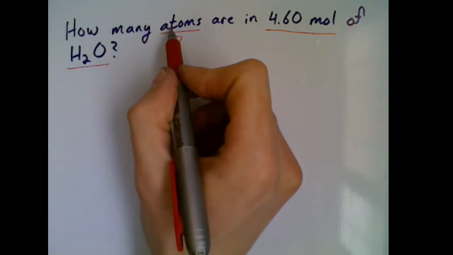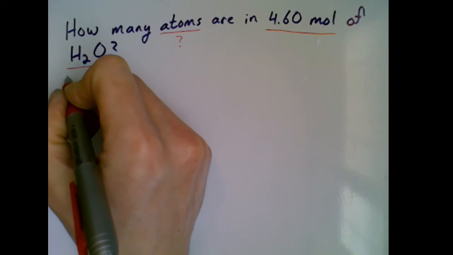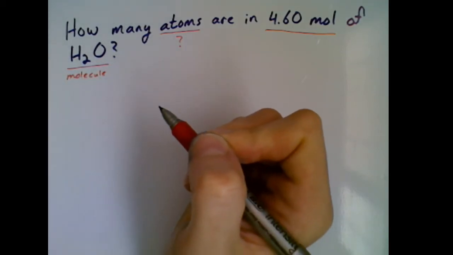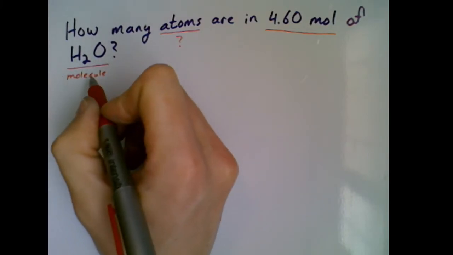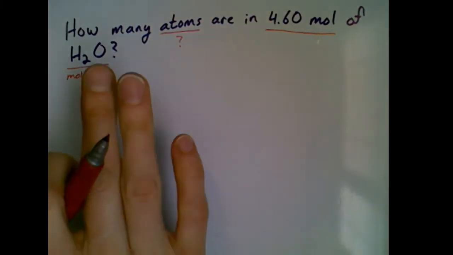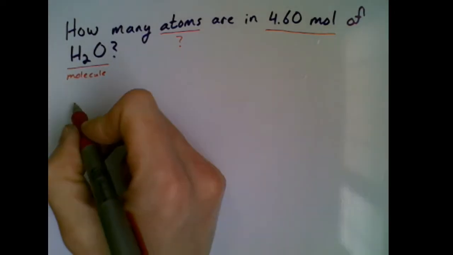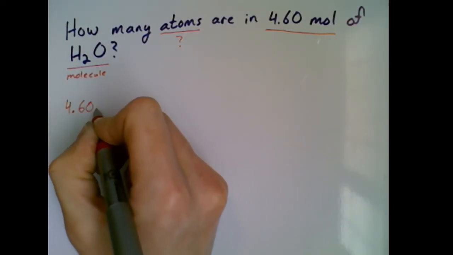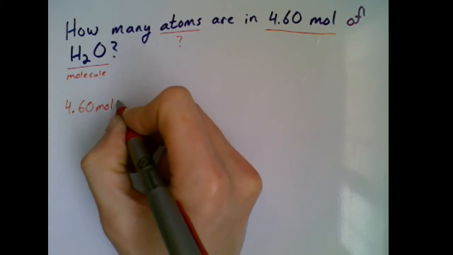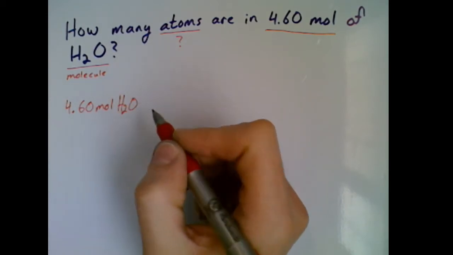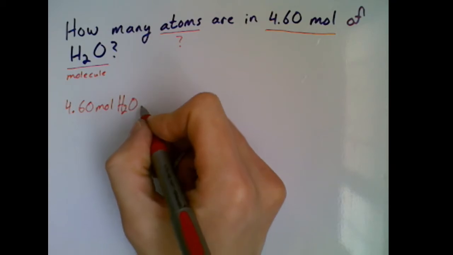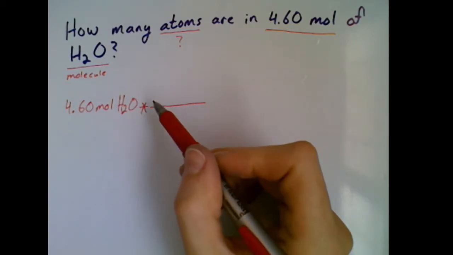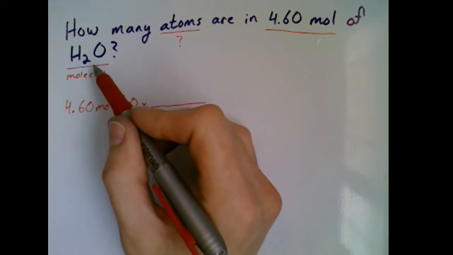H2O is not an atom. H2O is a molecule. So we're going to have to deal with that in some way, but before we do that, let's start with what we know. I have 4.60 moles of H2O. I want to get to atoms, so first of all, I should probably find out how many H2Os there are.